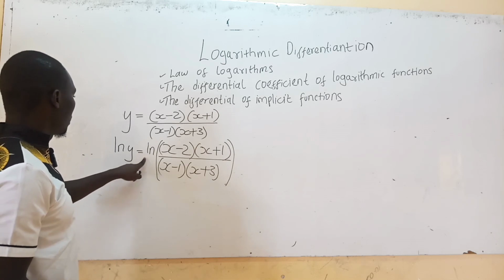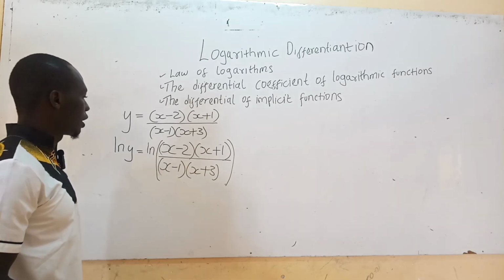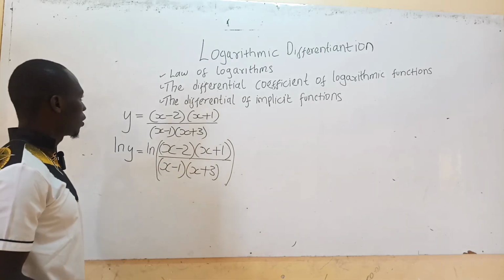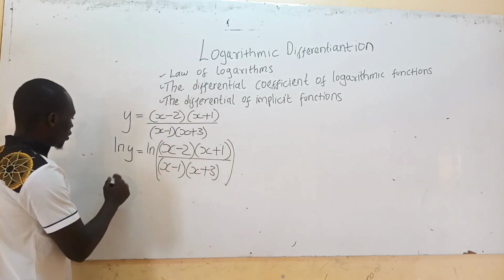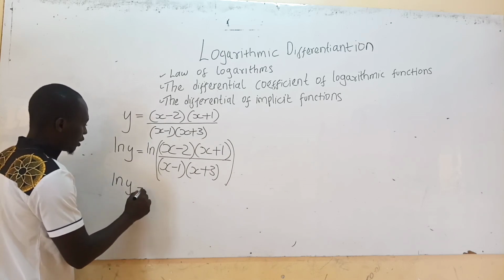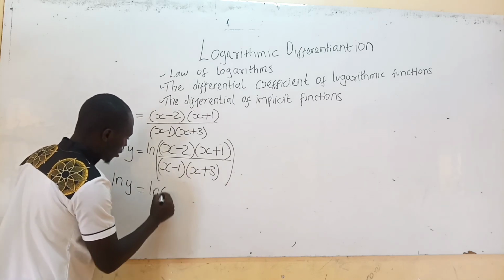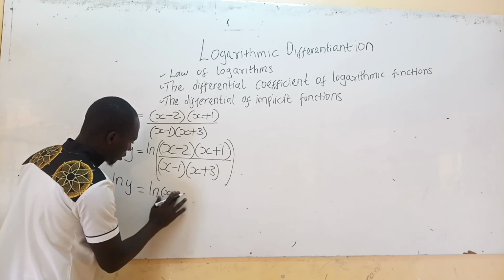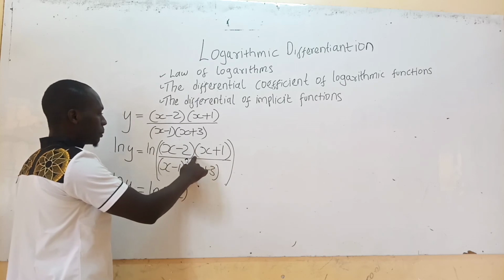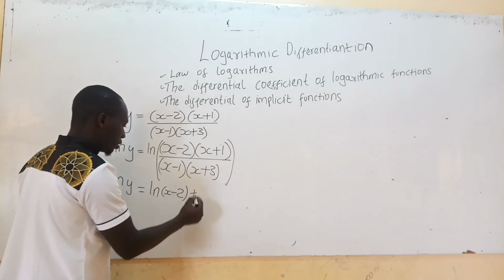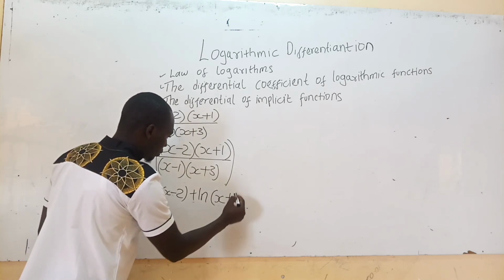After the introduction of the natural log, we are going to distribute the natural logs into each and every term, and by distribution of the natural log, we are going to observe the laws of logarithm. So here we are going to have the natural log of y is equal to the natural log of x, we subtract from 2. Since this one is a multiplication, we are going to have our addition. We add to the natural log of x, we add to 1.